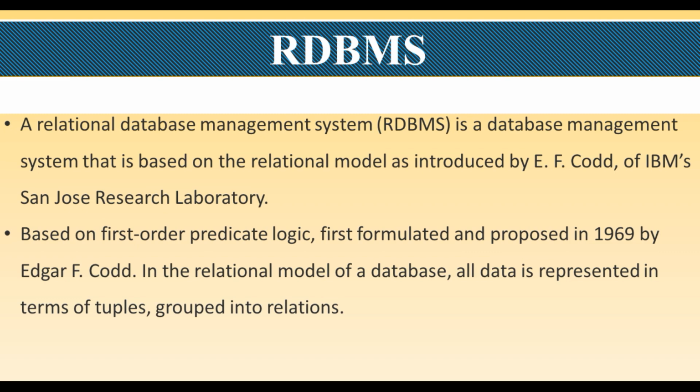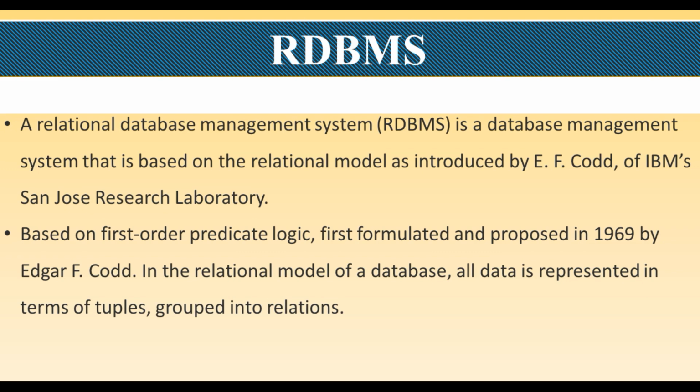So actually RDBMS proposed the relational model. It is the form of a table of information, and it is a really effective database model. Second point, database on first order predicate logic was first formulated and proposed in 1969 by E. F. Codd.